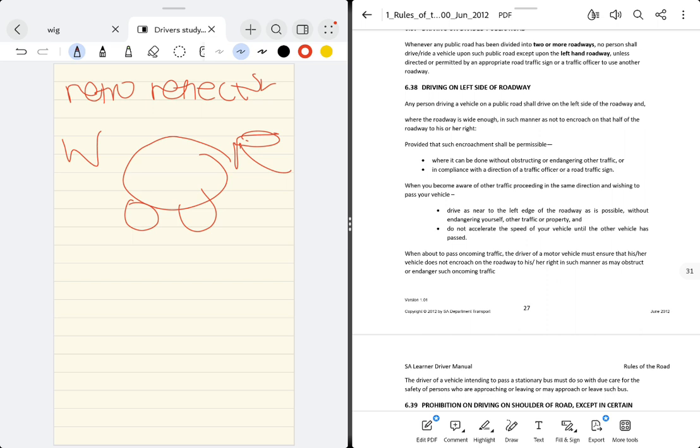So you are allowed to basically overtake, but you need to ensure that it doesn't cause traffic and it is permissible by the traffic officer or the traffic sign.